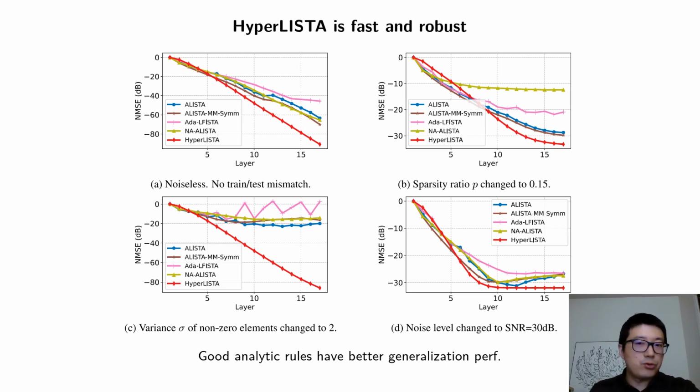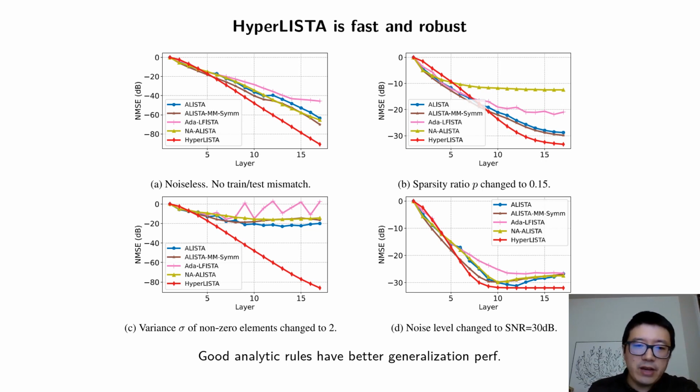test on different kinds of out of distribution problems, which start to fail other methods, but HyperLISTA stays robust. We change sparsity from 10% to 15%. So HyperLISTA still works really well.